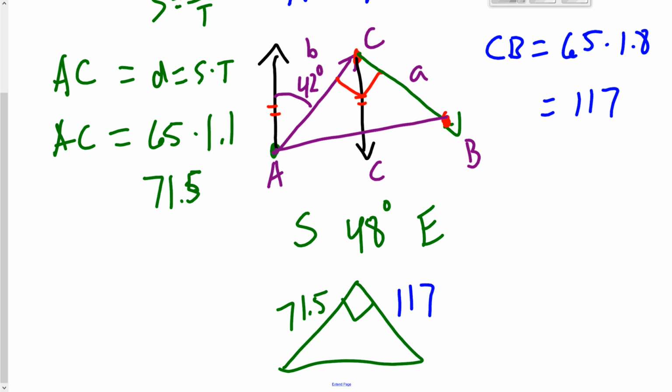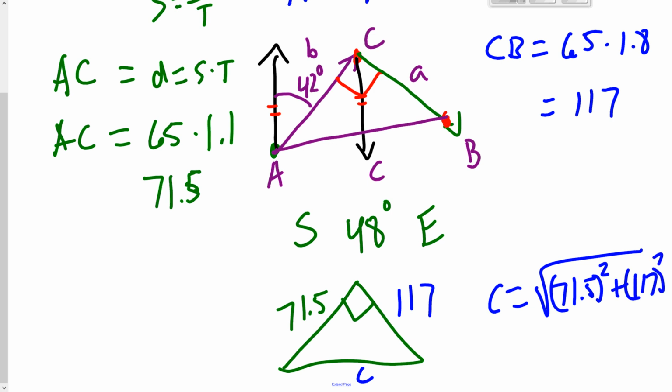And we probably want to find this distance C, right? So we can do the Pythagorean theorem. Take 71.5 and square it, and then add after we square 117. So we square both of those, then we add them, then we square root to get our answer of 140 miles. Okay, so that's number 67.